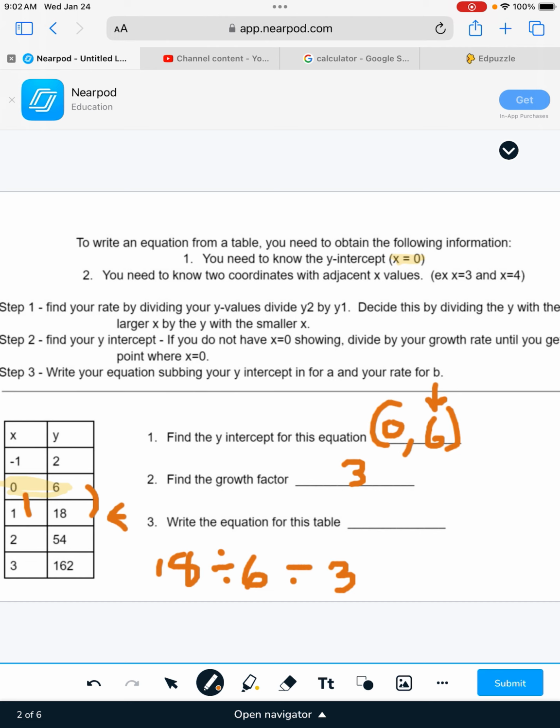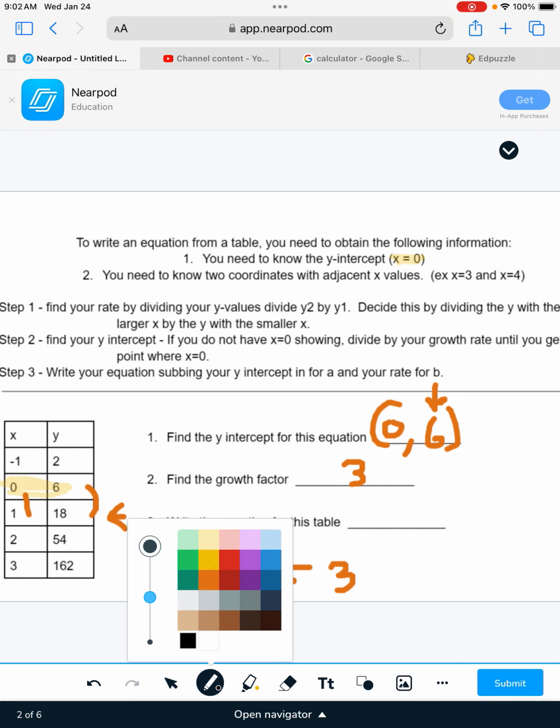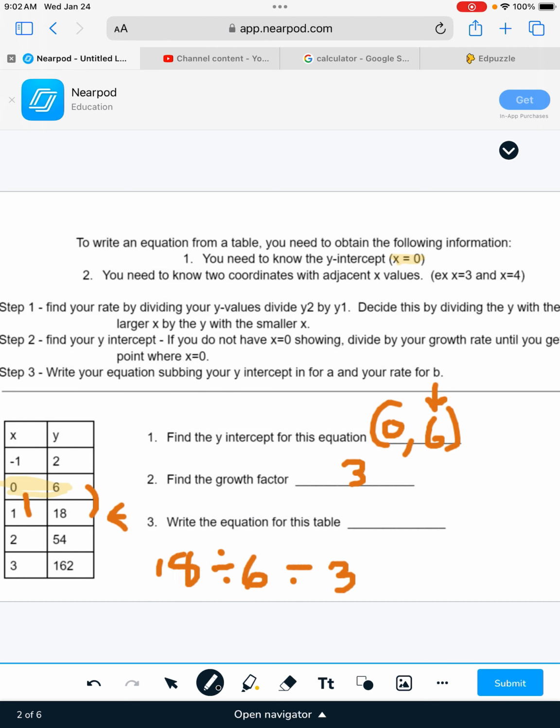And that's enough information for me to be able to write this equation here. All right? y equals a times b raised to the x. a is our y-intercept, which is 6. Open parentheses, 3, because that's my growth factor, raised to the x.